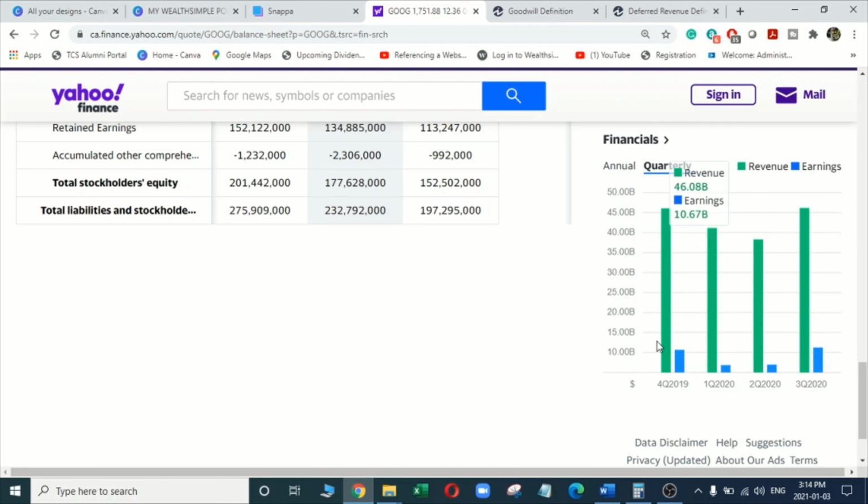Quarterly there is also a dip in earnings, but this is just because of the coronavirus crash. But again, after the second quarter, it takes a huge jump, and now it's on par with the fourth quarter of 2019, and it's back in the market.